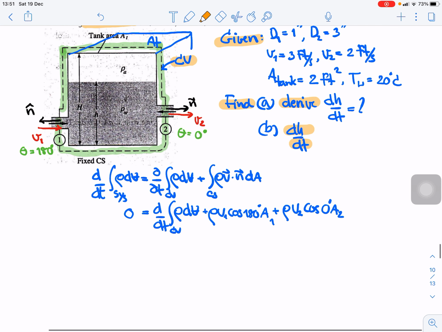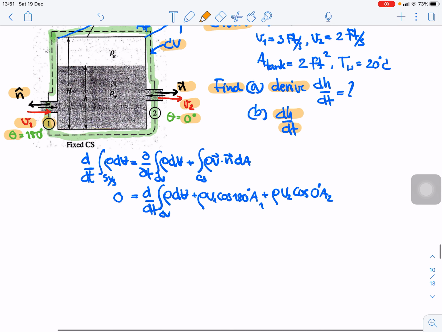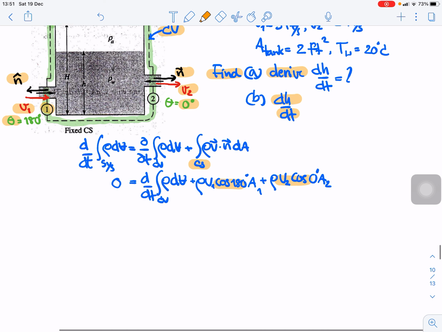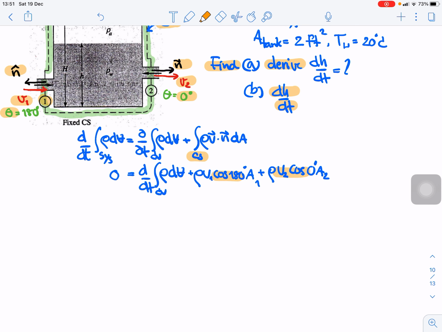You can see the inflow at point 1, the unit vector normal to the area, and v1 and v2. So theta for inflow is 180 and for outflow is 0. So we can substitute into the equation for the control surface: at point 1 it is v1 cos 180, and v2 with cos 0.